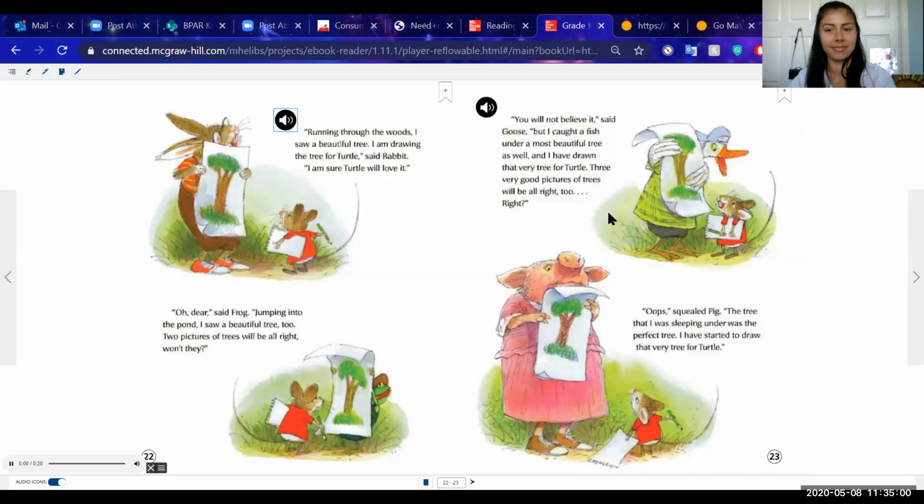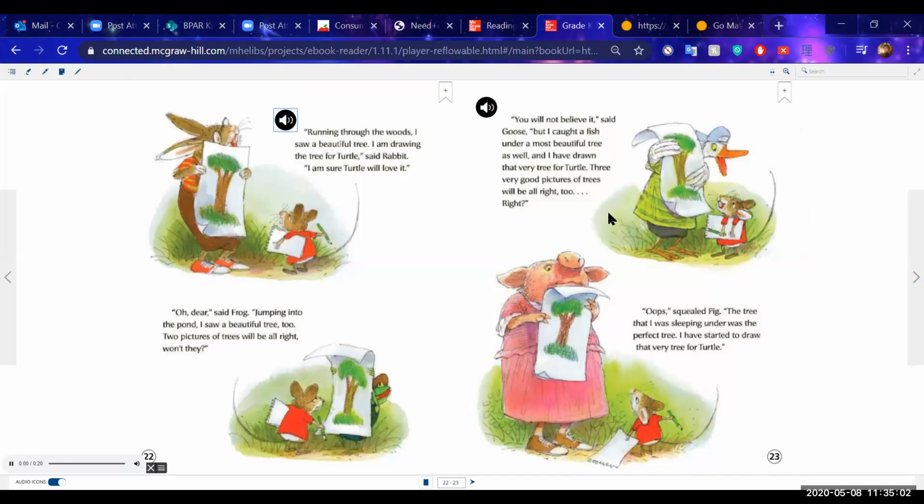"Running through the woods, I saw a beautiful tree. I am drawing the tree for Turtle," said Rabbit. "I am sure Turtle will love it." "Oh dear," said Frog. "Jumping into the pond, I saw a beautiful tree, too. 2 pictures of trees will be all right, won't they?"